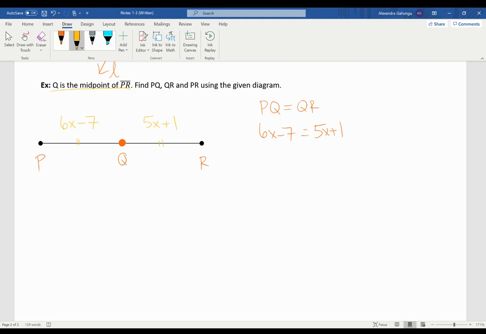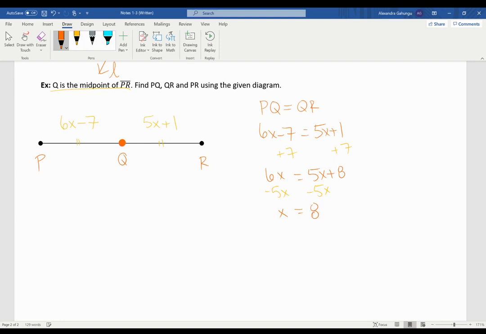I can add 7 to both sides. I can subtract 5x. And I get x is equal to 8.